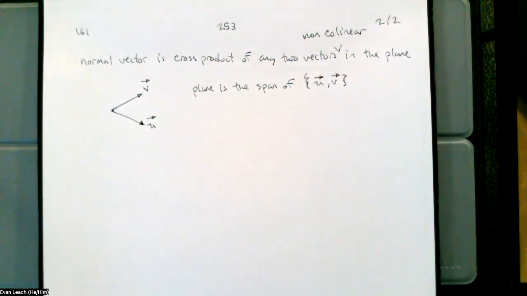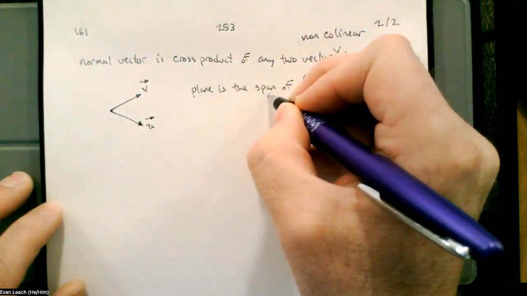When we say the span of a set of vectors, that is all linear combinations of those vectors.